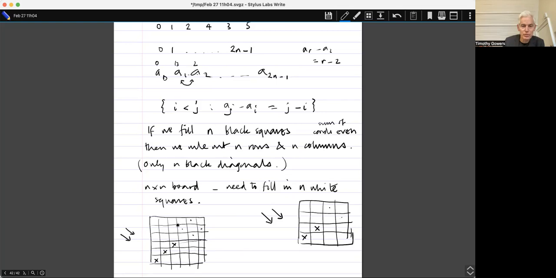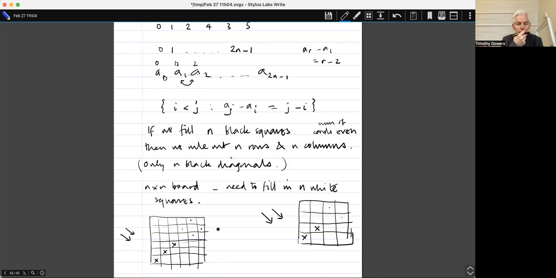And how many diagonals have I got? I've only got 2 diagonals left. So it's sort of looking as though that might be a true statement. So what's the statement I'm claiming?